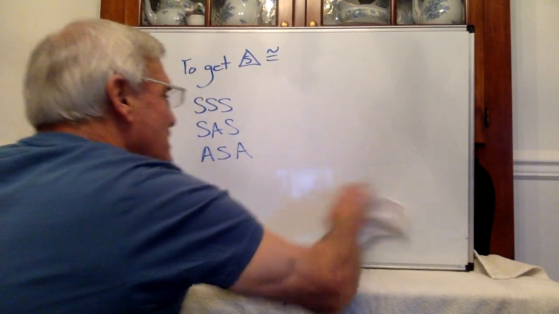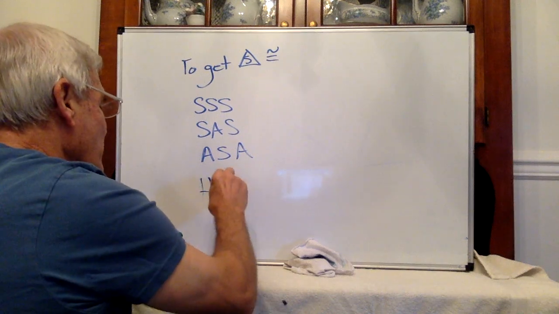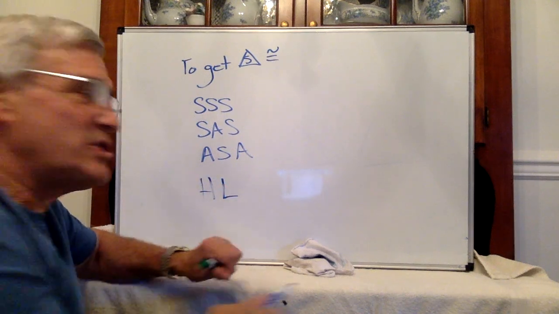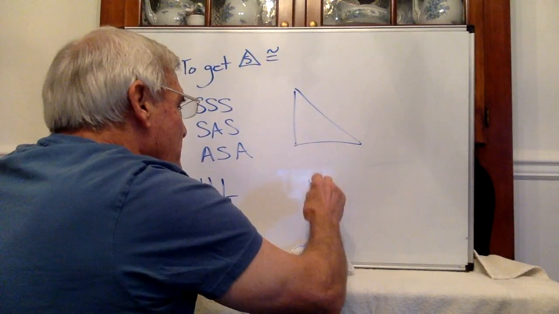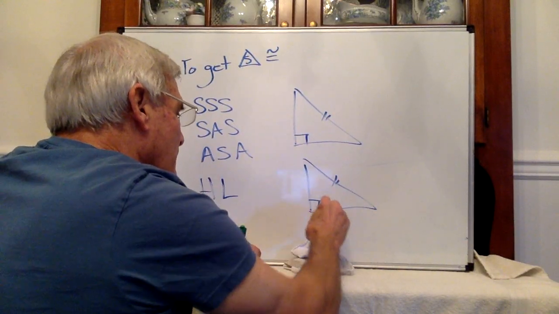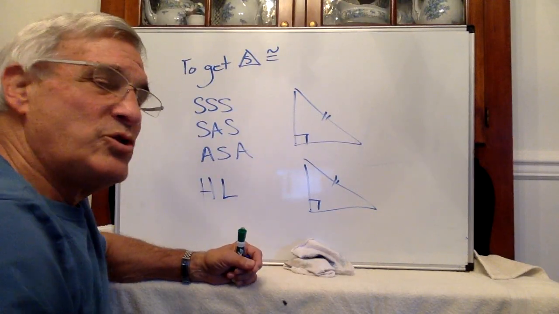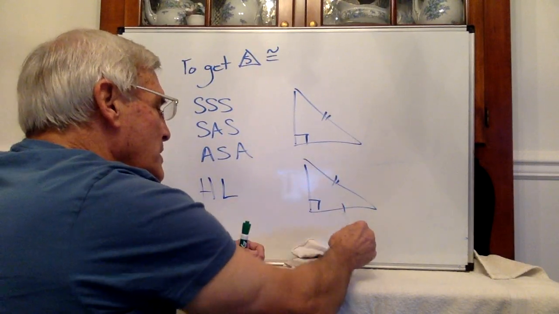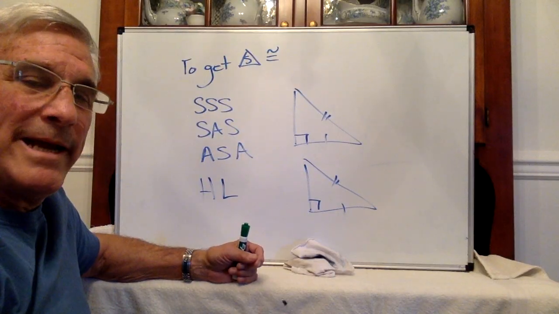And then the last theorem we talked about only refers to right triangles, HL. Here I have 2 right triangles. The hypotenuse is congruent and 1 leg.